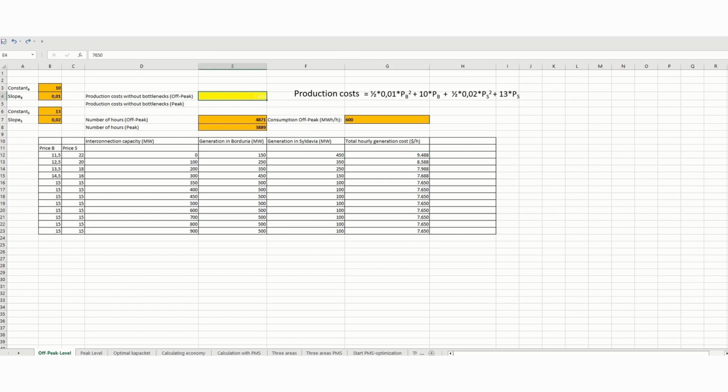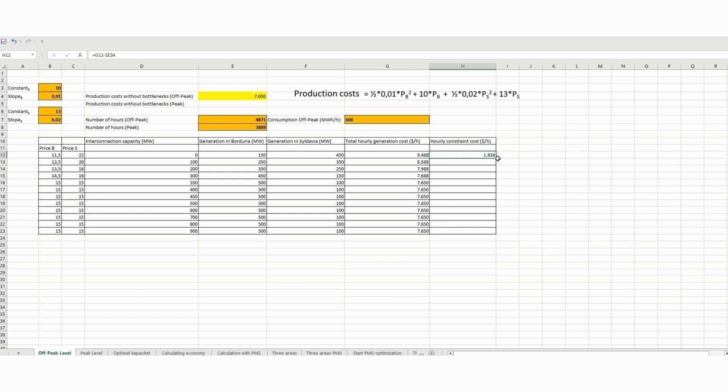It is this value we have here. And when we now calculate the hourly constraint cost, we take this value G12 minus this cost without bottlenecks.